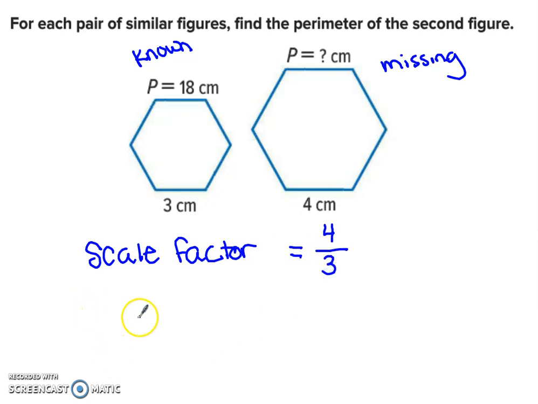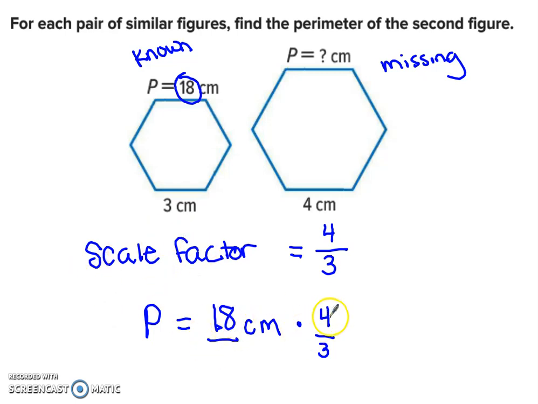Okay, and then the perimeter right here is 18. It's going to be 18 centimeters multiplied by that scale factor of 4/3. Whenever you are multiplying by a fraction, you multiply by the numerator and divide by the denominator.